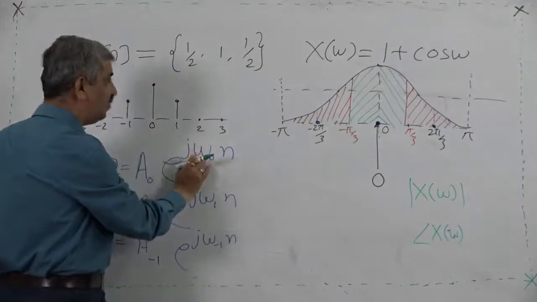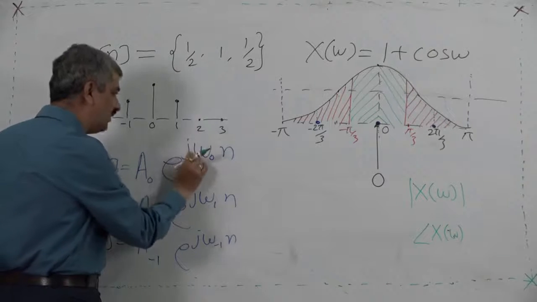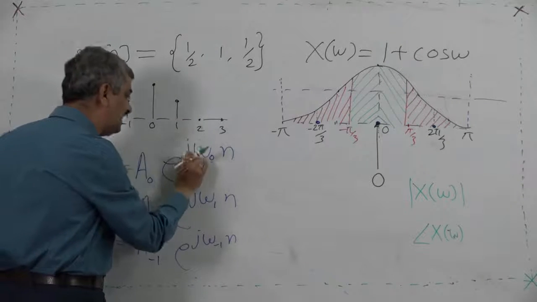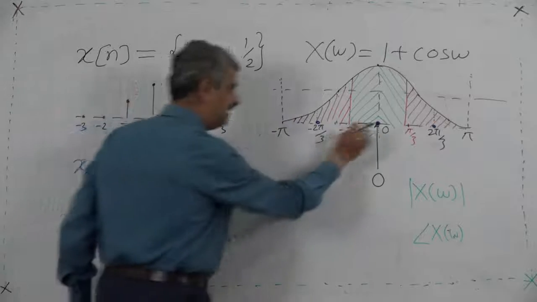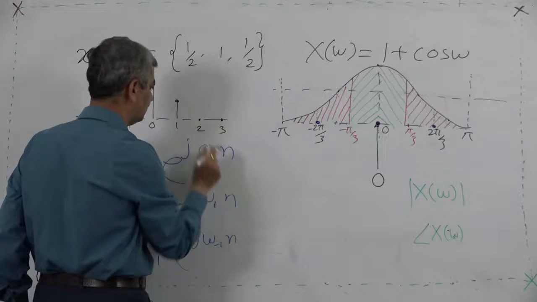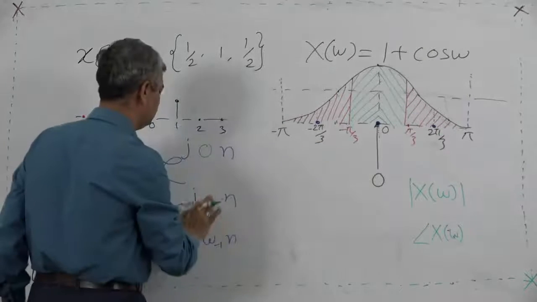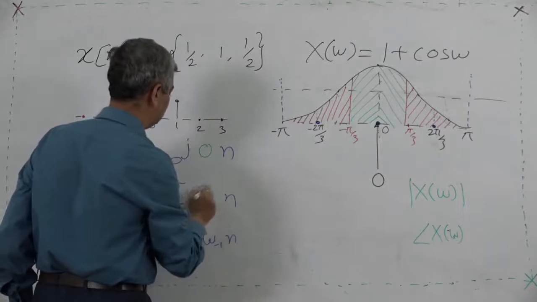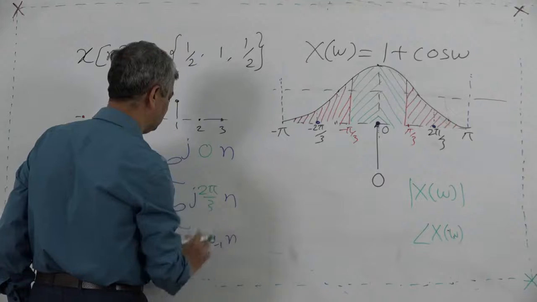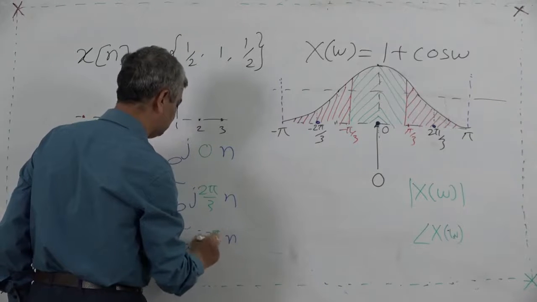What is omega 0? This omega 0 is the frequency at the center of the strip. It is 0 in this case. The frequency at the center of the last strip is 2 pi by 3, and it is minus 2 pi by 3.